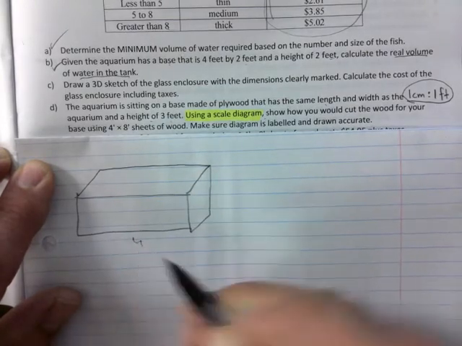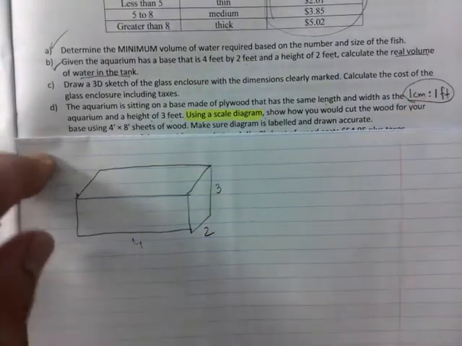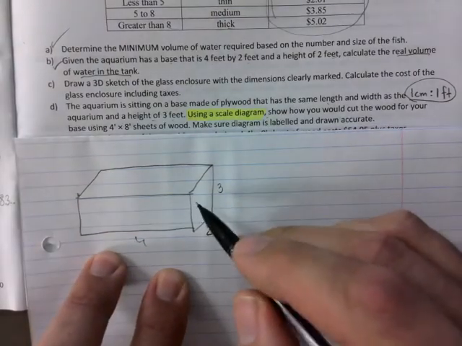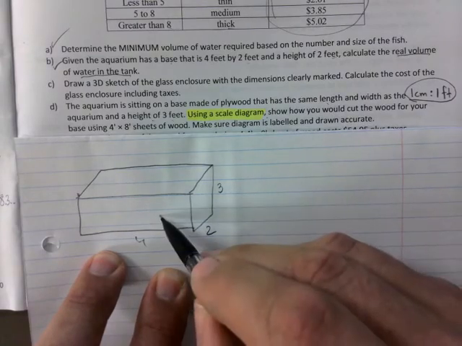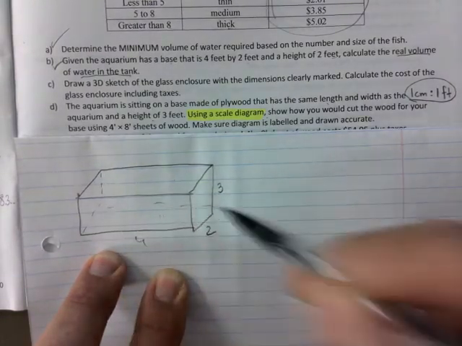I know this is 4x2. How high is this? It's a little higher than the tank, right? I'm at 3 feet there. And why am I doing this? Because I want the front and the back. So I should make it 3D if I can, right?